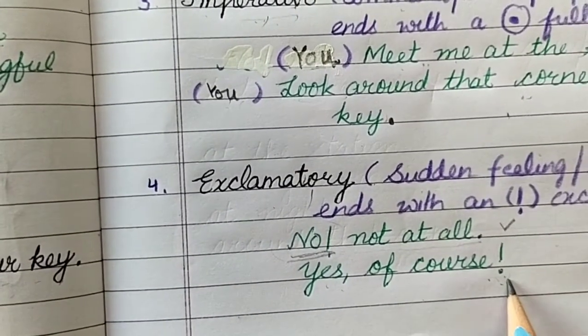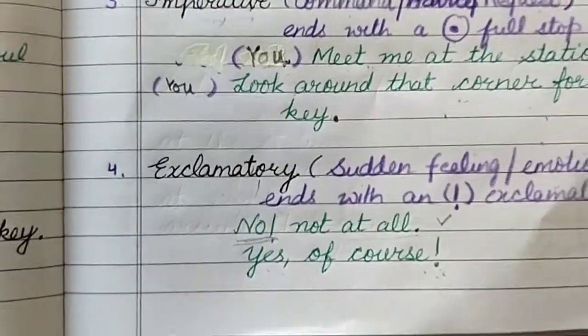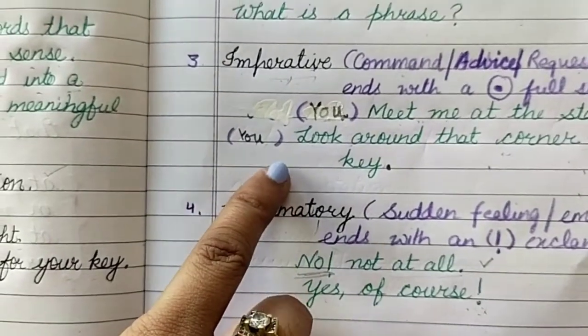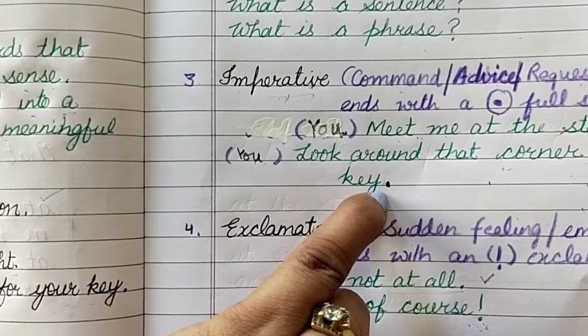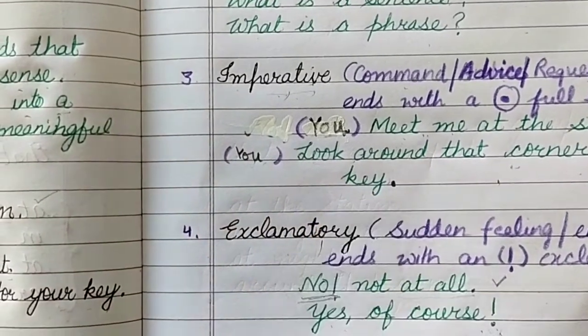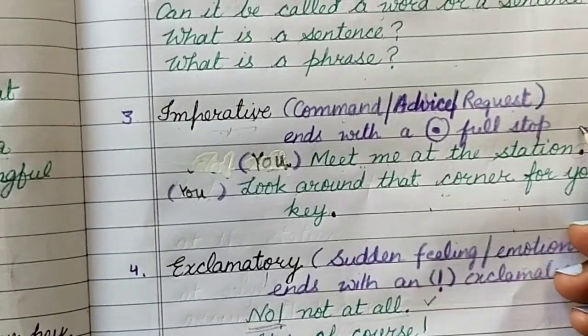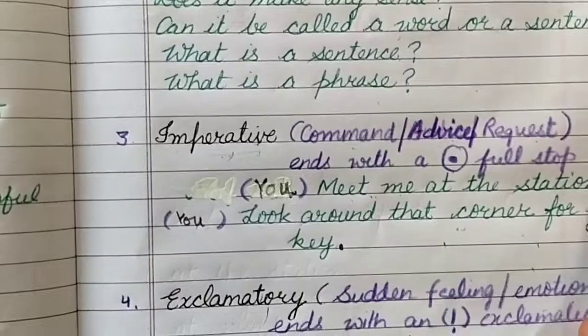Exclamatory sign at the end. Now I'm going to tell you a simple one more thing. It could be confusing, but you do not get confused. कई बार हम imperative sentences में भी exclamation लगा देते हैं, है ना. कई बार कहते हैं ना, suppose अगर मैं आपको कहती हूँ यहाँ पे exclamation, meet me at the station.